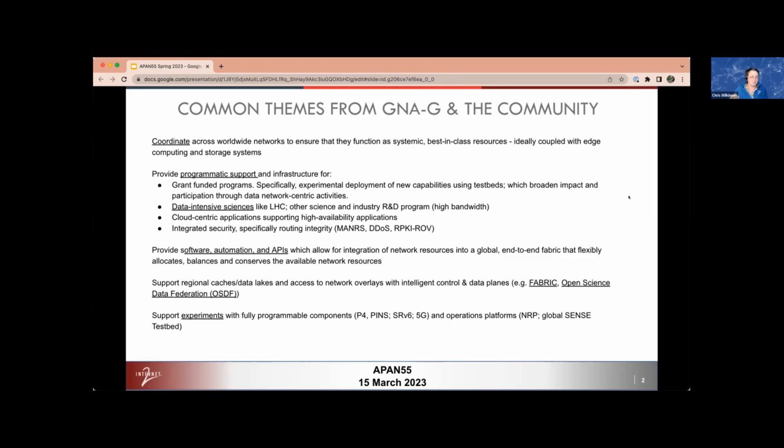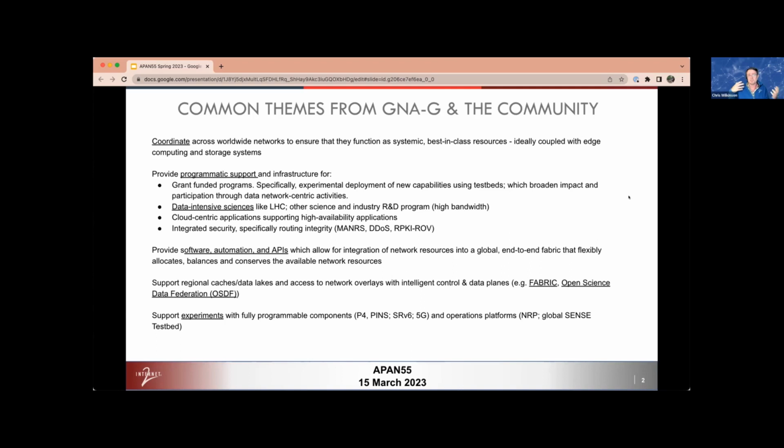Like P4 experimentation, SRv6, which is very much not experimental, but key, and 5G, along with platforms like NRP and SENSE. These are all the things we have to think about as Internet 2 figures out what is next for the platform and for our larger collaborations and consortiums.